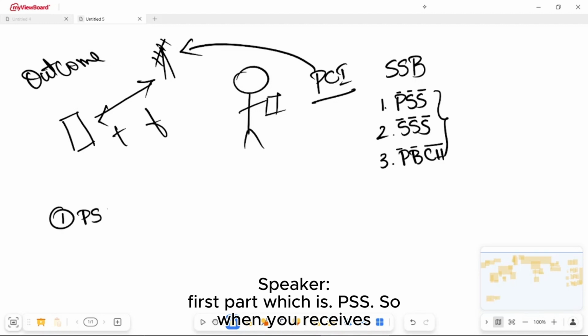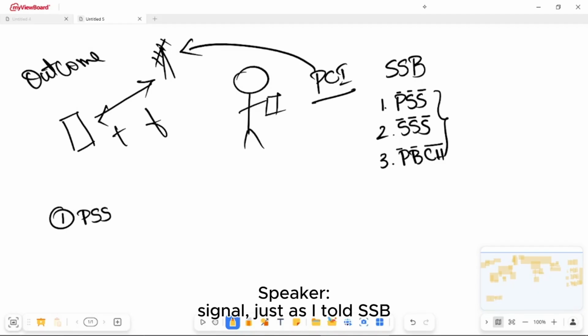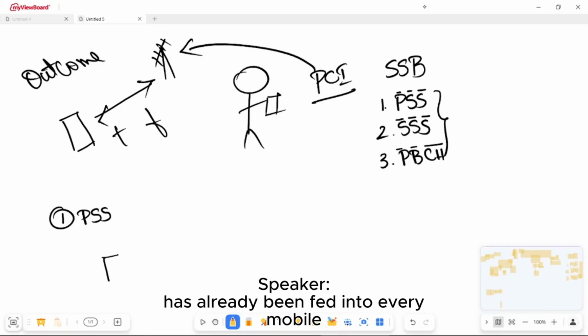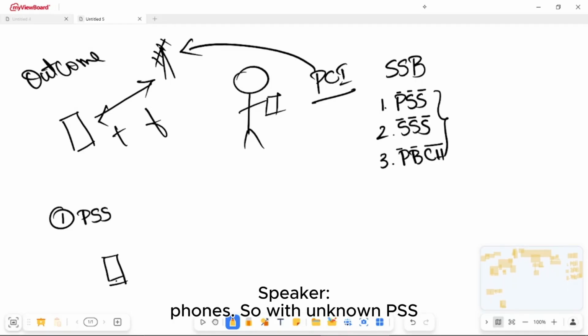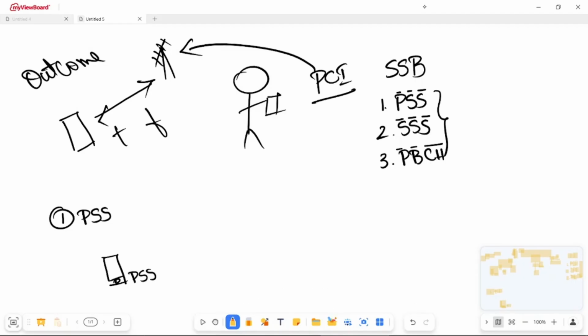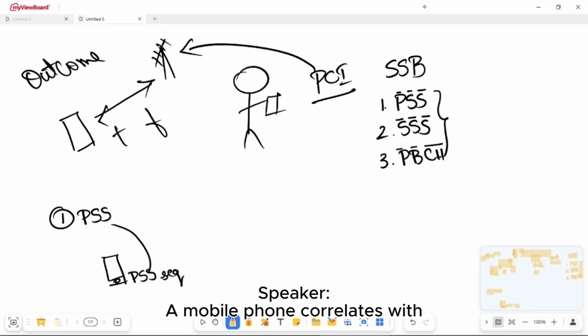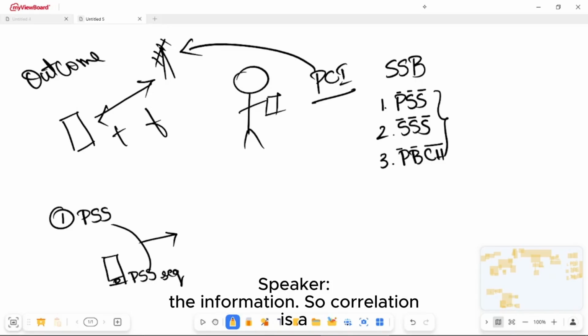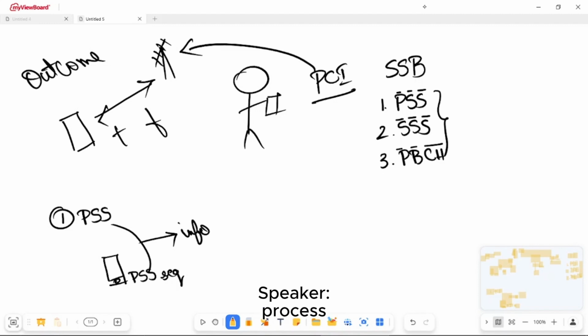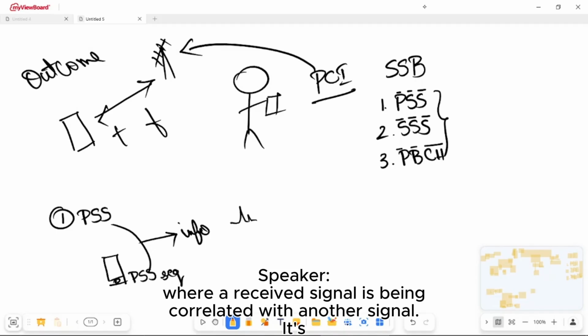Let's come to the first part, which is PSS. When the UE receives a signal, as I told, the SSB is already fed into every mobile phone. With a known PSS sequence, a mobile phone correlates with the received PSS and finds the information. Correlation is a process where a received signal is correlated with another signal.